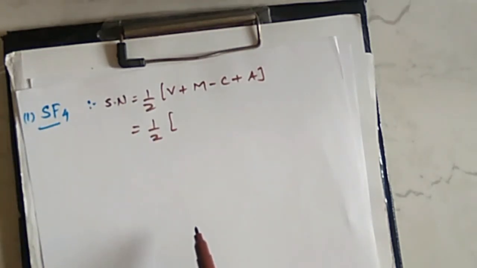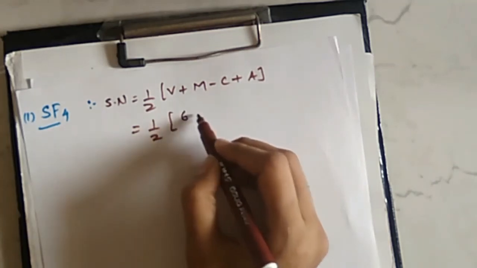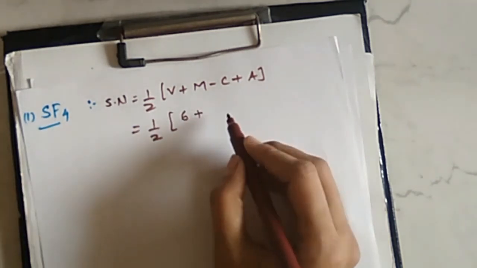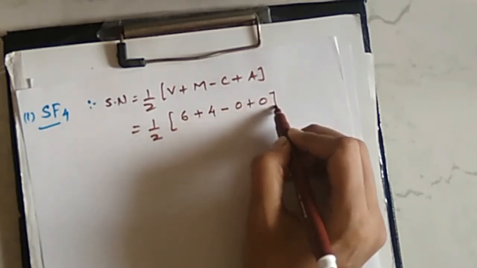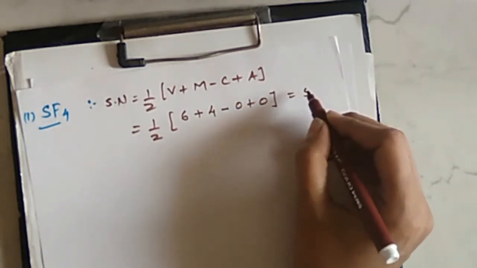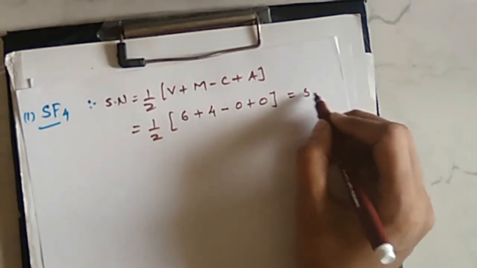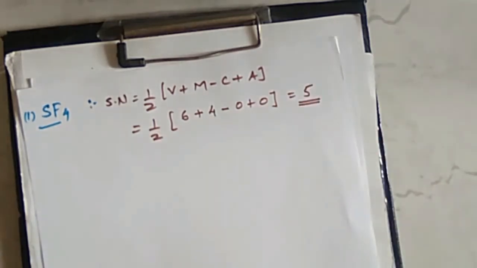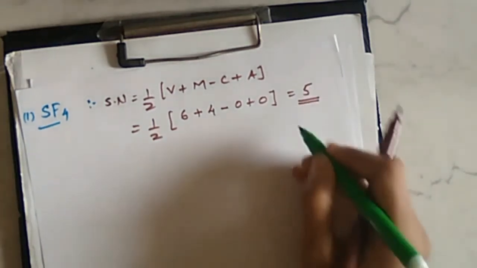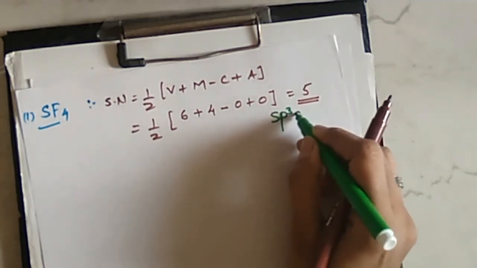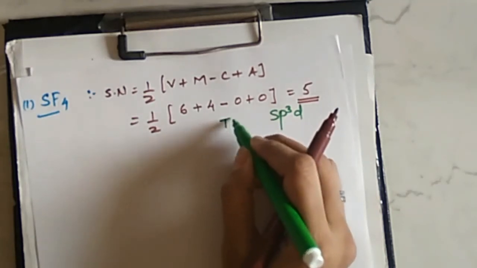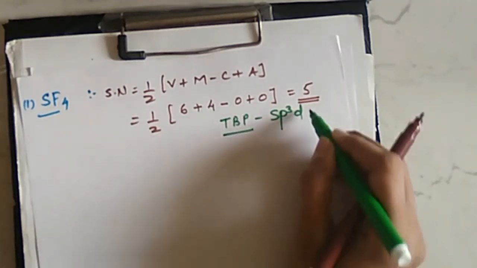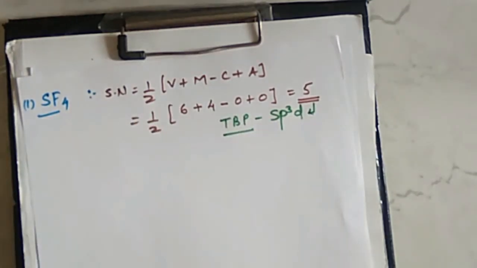Sulfur valence electrons 6 plus monovalent atoms attached 4, minus 0 plus no anions, so 0. So that is 6 plus 4, 10 by 2, that is 5. 5 means the hybridization should be sp3d and the geometry is trigonal bipyramidal. Using the first method we have taken this.